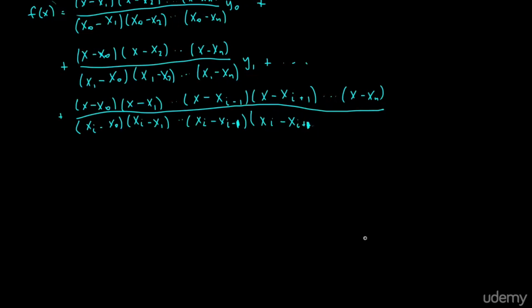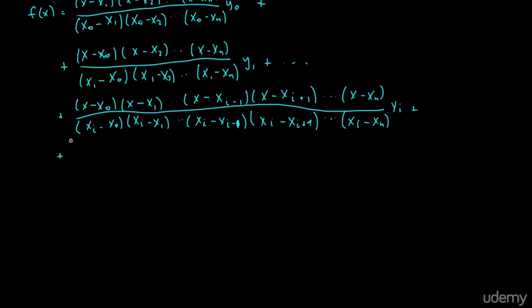Oh, that should be a 1 again. Let me just edit it for clarity. So that's a 1, and multiplied all the way up to xi minus xn and times yi.